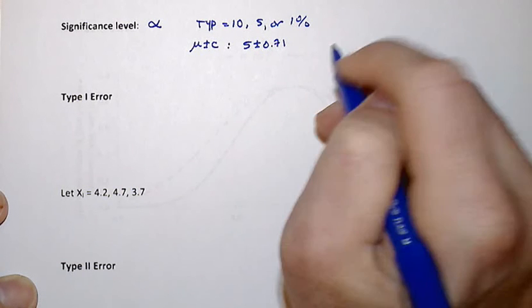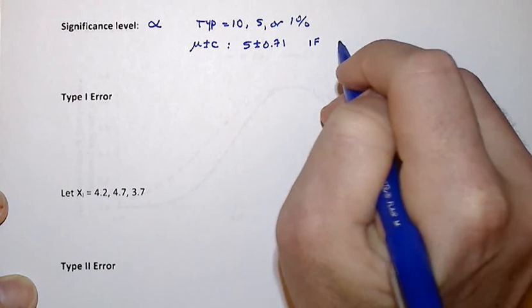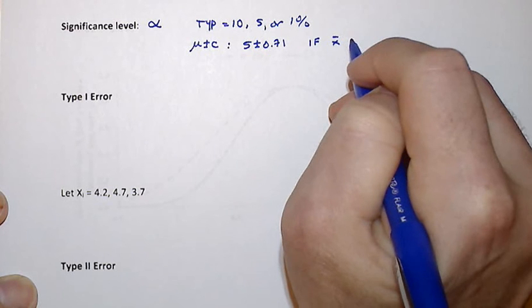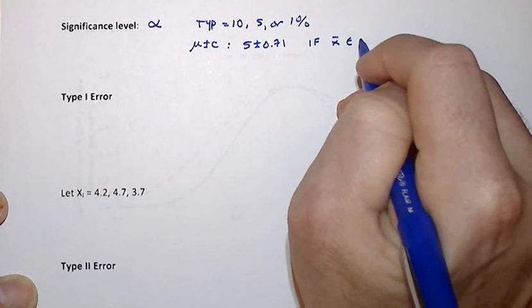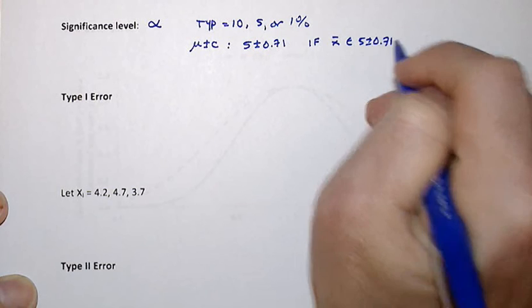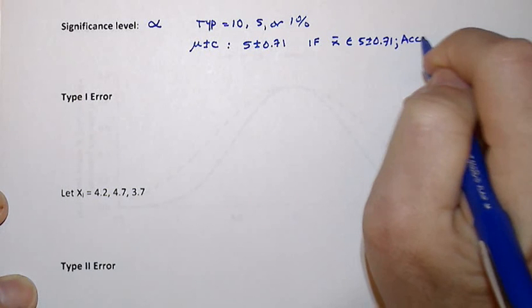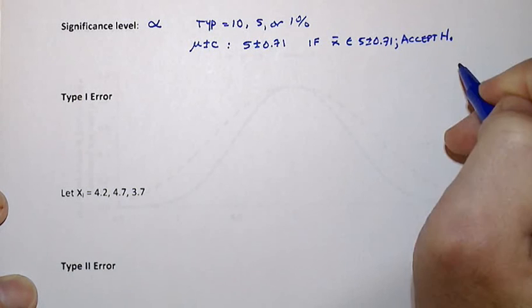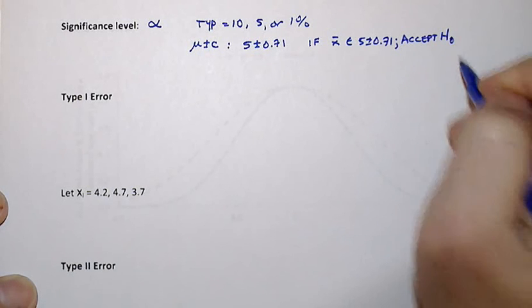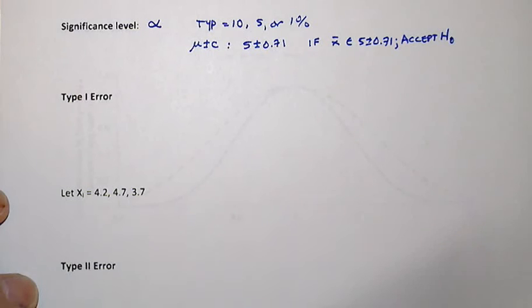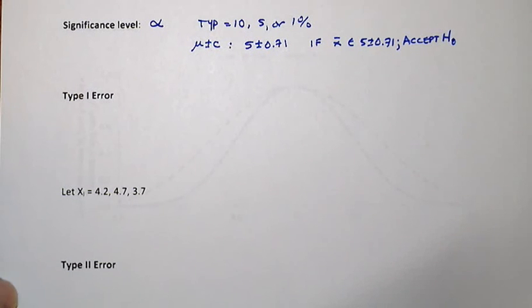And so our rule is that if x is contained in that interval of 5 plus or minus 0.71, then we accept our null hypothesis. Otherwise, we're going to reject.